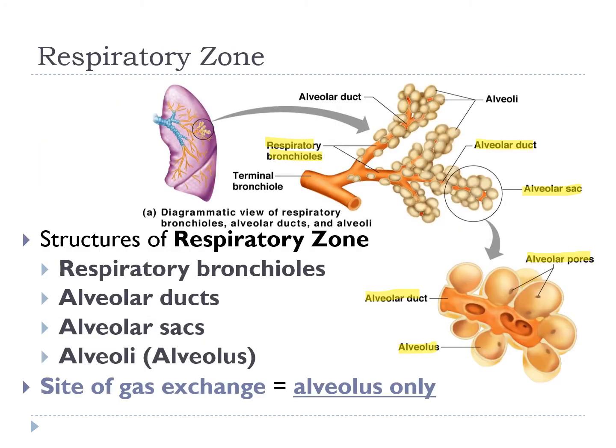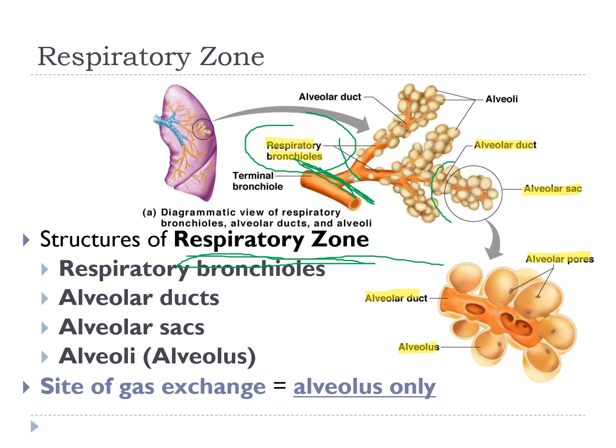Once we get to the level of the respiratory bronchioles, every branch after that is considered the respiratory zone. The respiratory zone includes the respiratory bronchiole, the alveolar duct, the alveolar sac, and the alveoli.